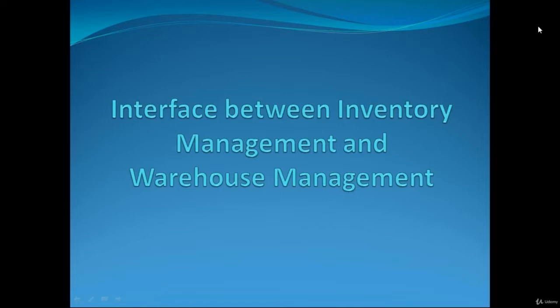But in all instances, we need to have the same level of inventory in IM as well as WM. In order to make sure that the inventory is the same in both IM and WM, we have a concept called interim storage type. In the interim storage type, there are no particular bins, but we are temporarily keeping bins.